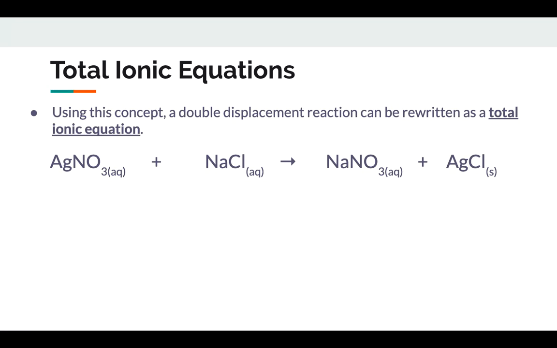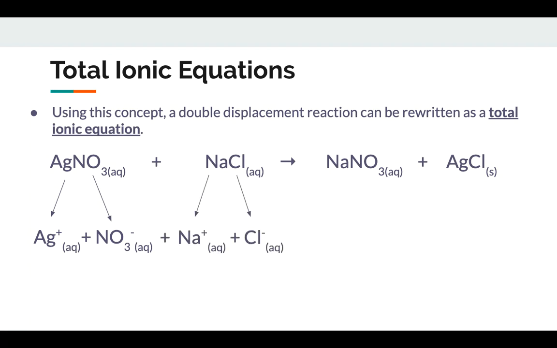So using this concept of ionic compounds dissociating, we can rewrite double displacement reactions as total ionic equations. Anything that is an aqueous ionic compound gets broken down into its ions. So silver nitrate becomes silver ions plus nitrate ions. Sodium chloride becomes sodium ions and chloride ions. The product sodium nitrate becomes sodium ions and nitrate ions.